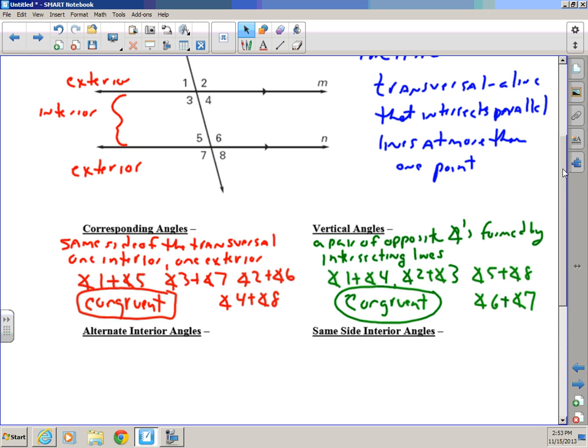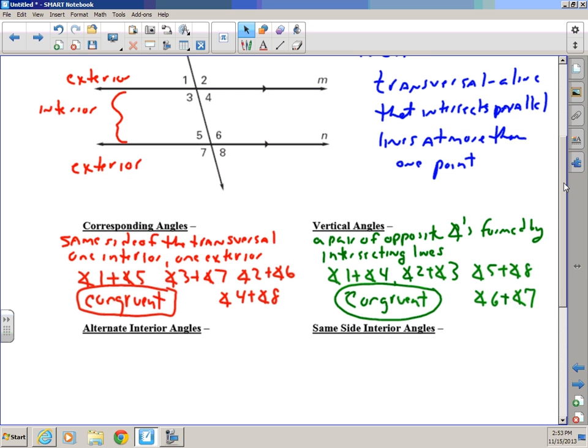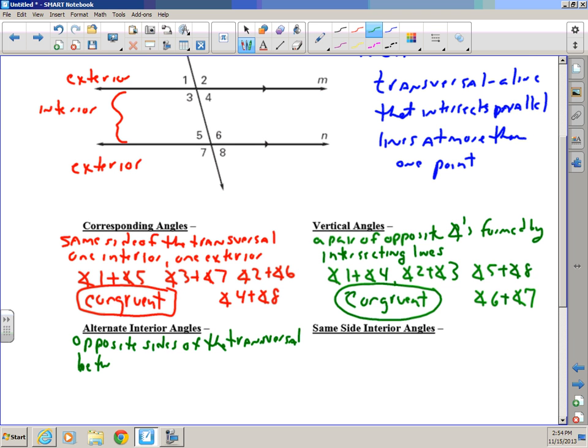Now, alternate interior. The word alternate means opposite sides. So they're on opposite sides of the transversal. And if they're interior, they're between the parallel lines.